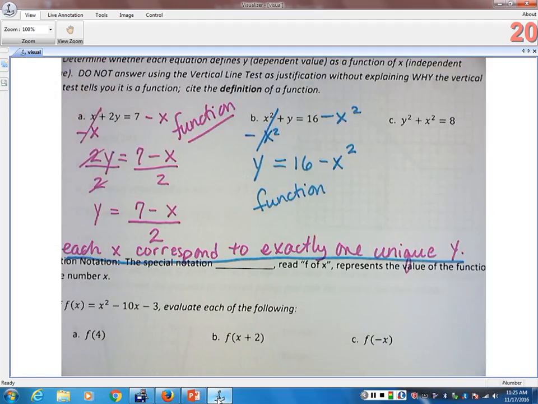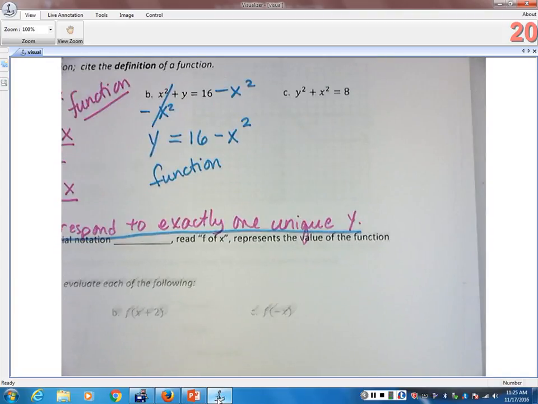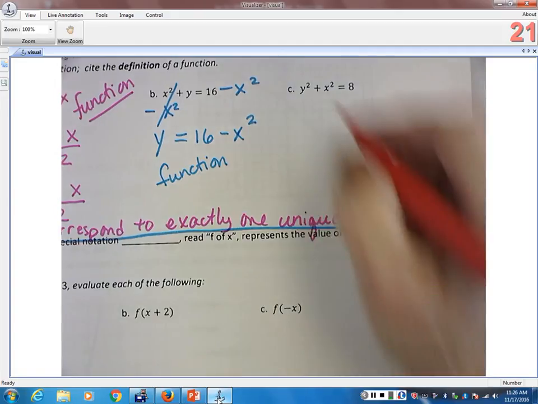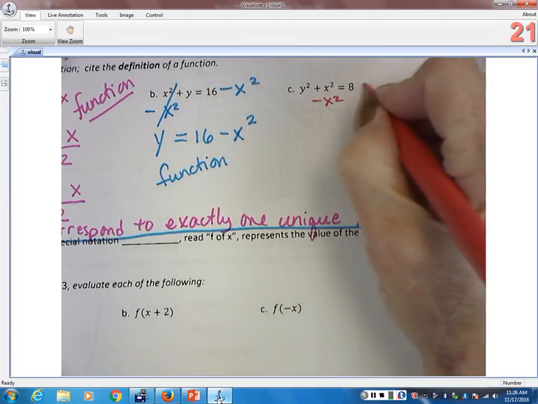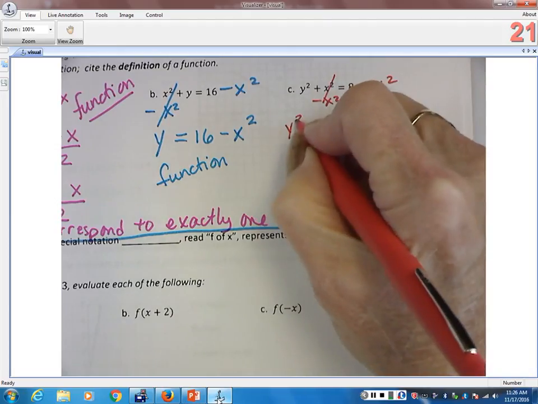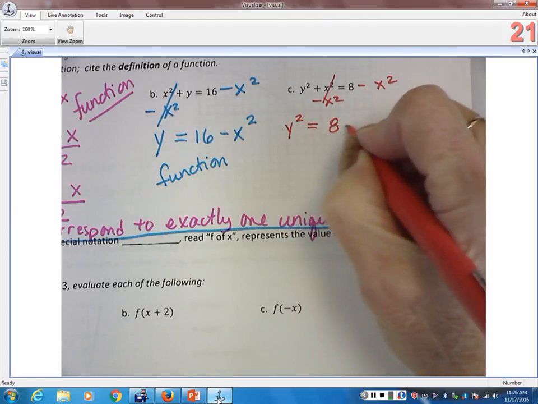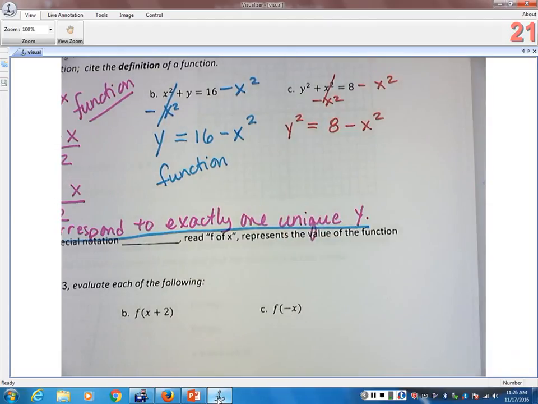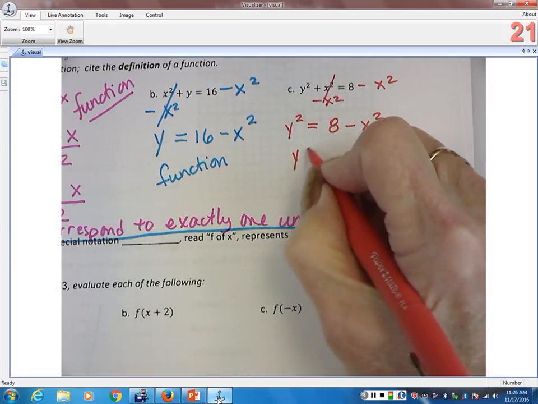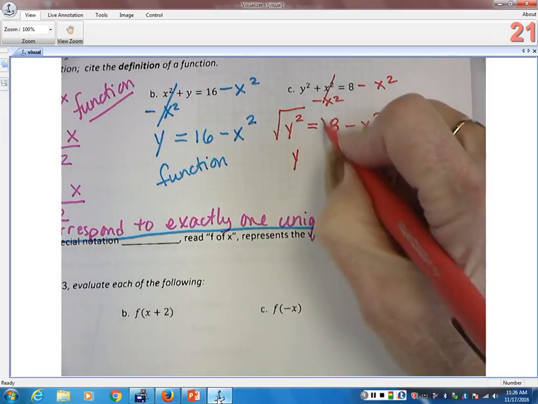Then we'll look at the last one. And we have y squared plus x squared equals 8. And y squared would then be square rooted to get rid of the square.